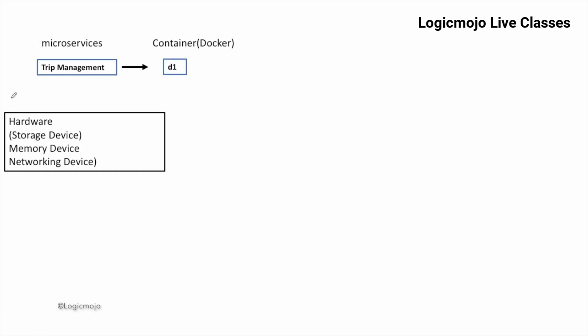So what we have is, firstly, a single operating system which owns all the hardware resources. These are my hardware resources like storage devices, memory devices, or network devices, and these hardware resources are shared by a single operating system.